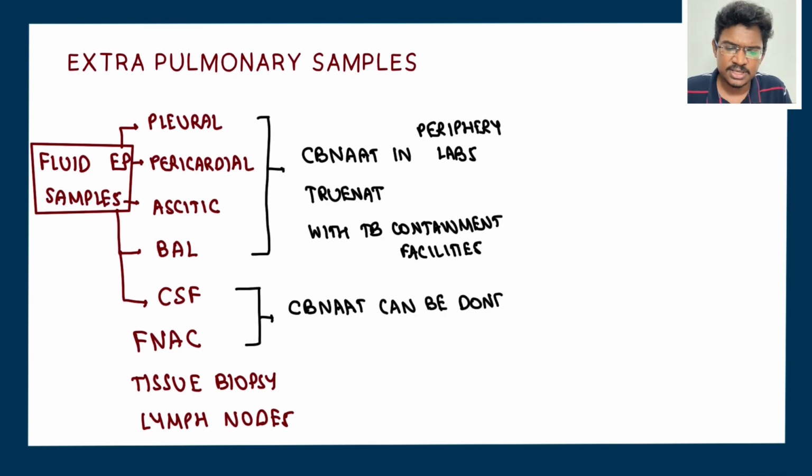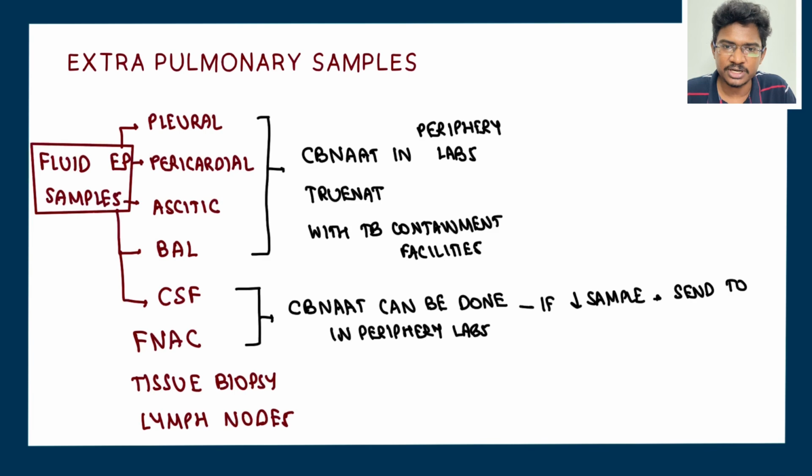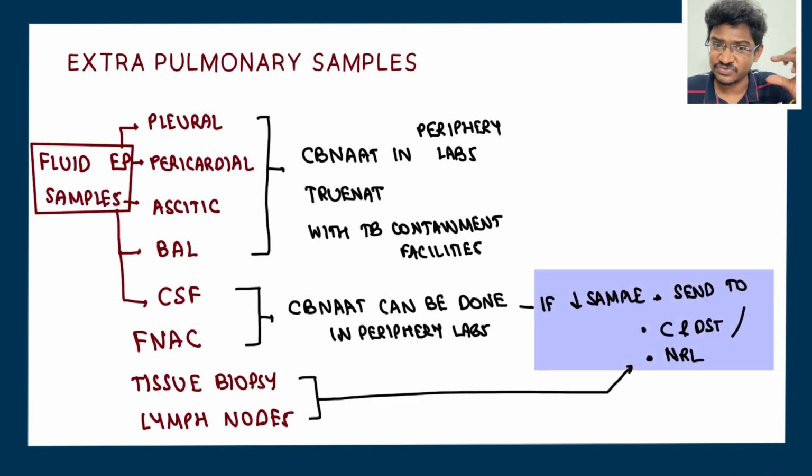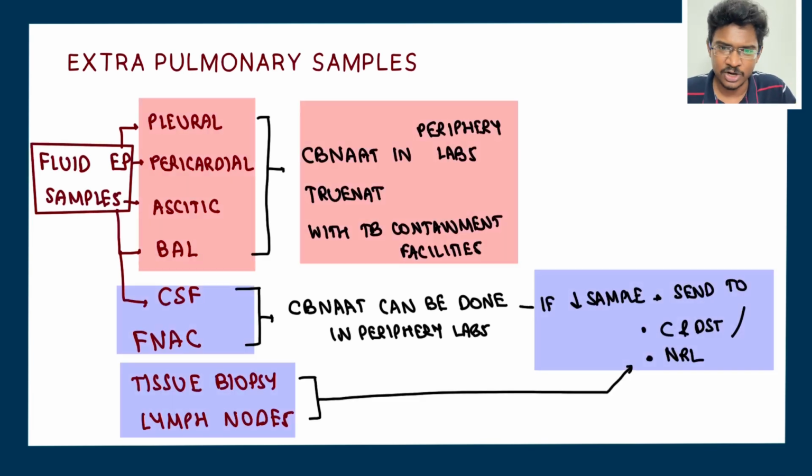So CBNAAT can be done in peripheral labs, or if the patient's CSF or FNAC sample is very low, then better send it to a DST laboratory located in referral or tertiary centers, so that after diagnosing TB, they can also process the same sample for resistance, like LPA. This you should know.